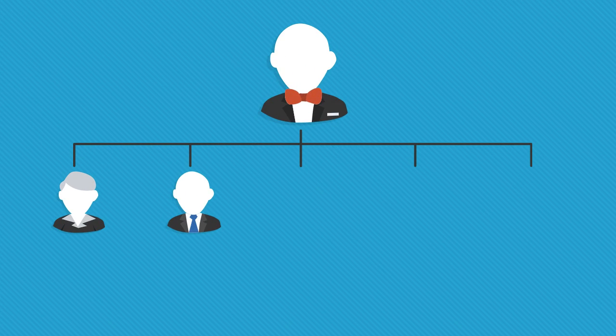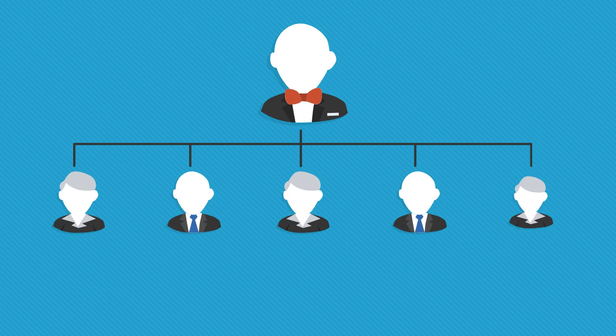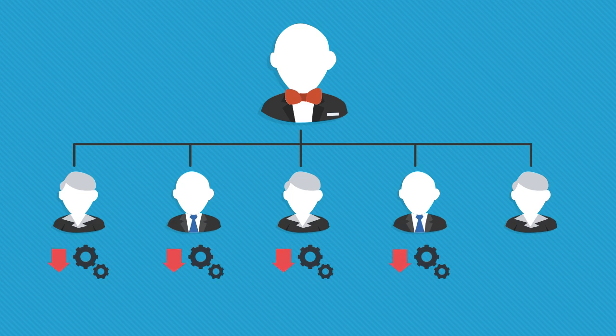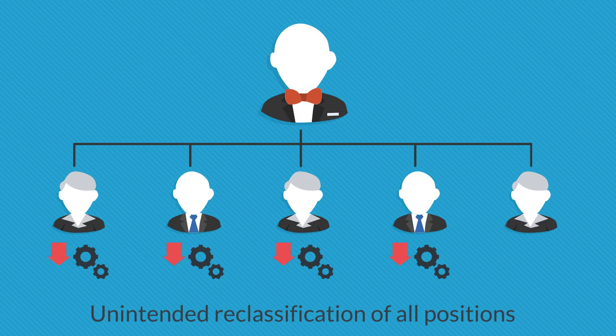It's important to remember that every organizational design decision is a trade-off, and that everything is connected. For example, let's say you add a new position to your team in order to reduce the workload for your current staff. An unintended consequence may be that since you removed work and responsibilities from other positions, now those must be reclassified as well.